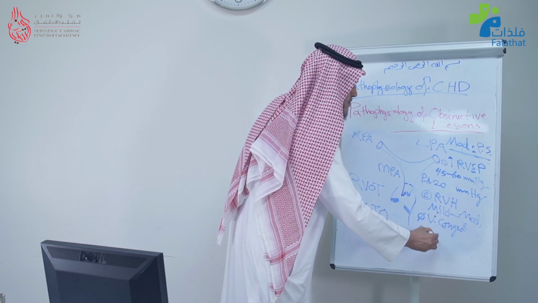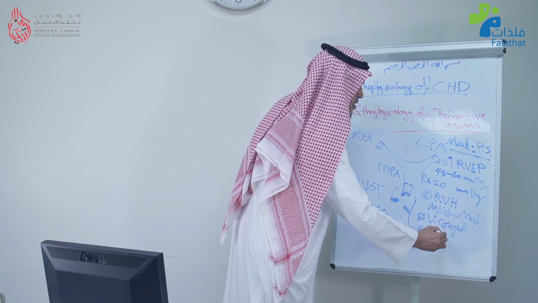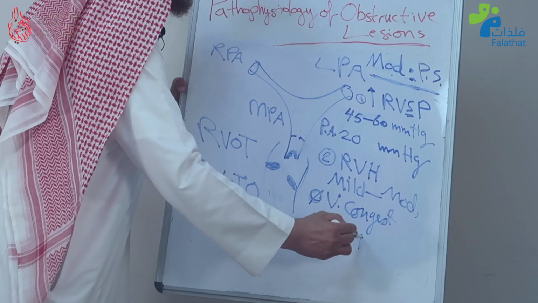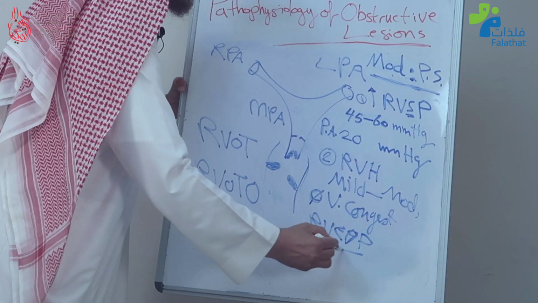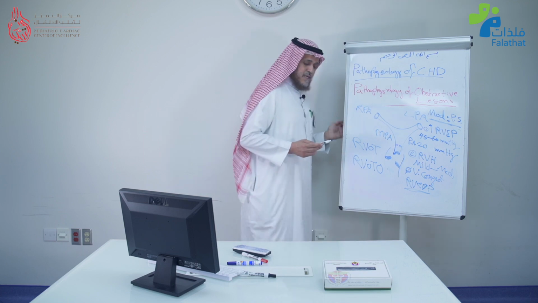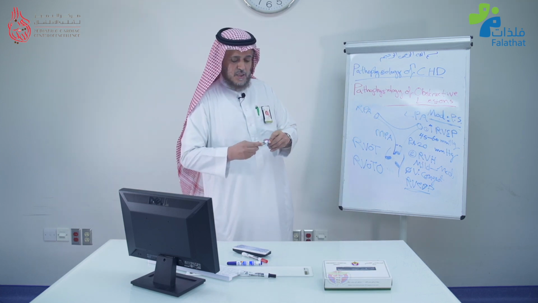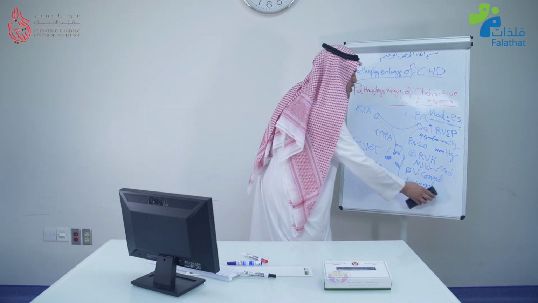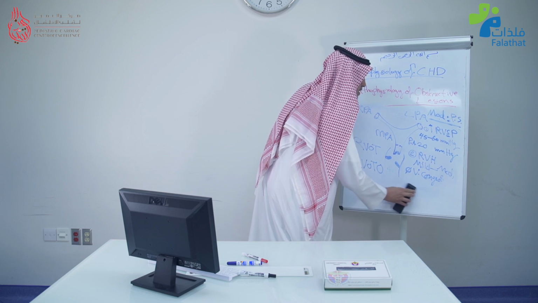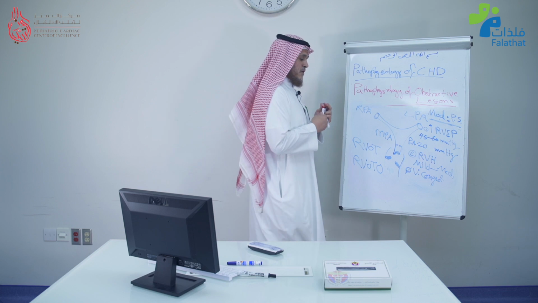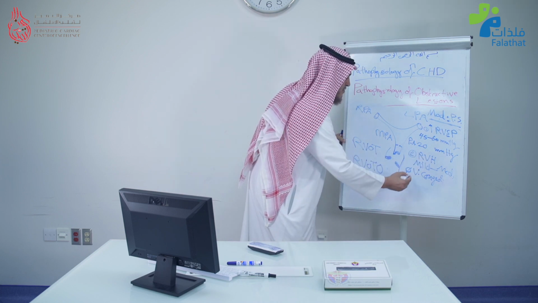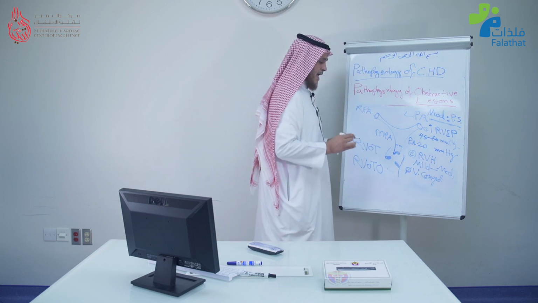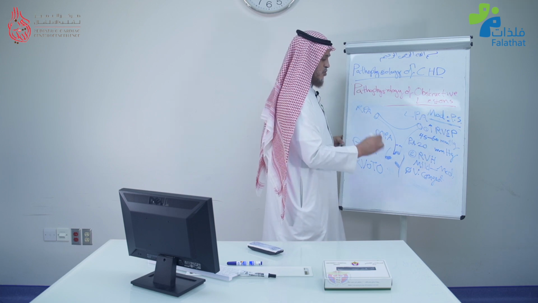Would we see any effect on right ventricular end-diastolic pressure with moderate pulmonary stenosis? We should not see significant effect on RV-EDP, or right ventricular end-diastolic pressure. Why is that? Because we do not have significant RVH and because we do not have congestion.